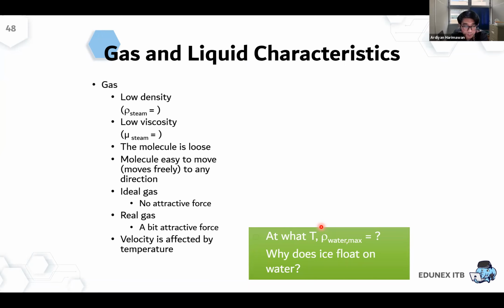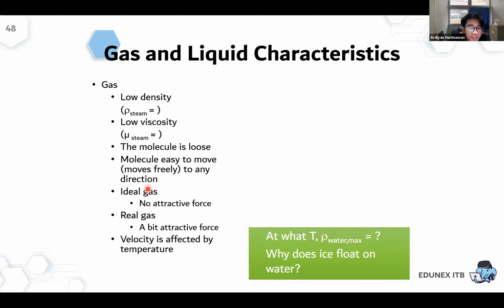Okay, also please remember again the general characteristics of gas and liquid, like density. Gas normally has low density, low viscosity, the molecules are loose, and the molecules can move freely in any direction.